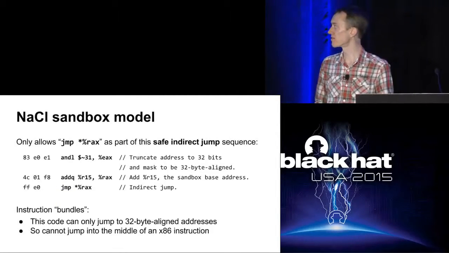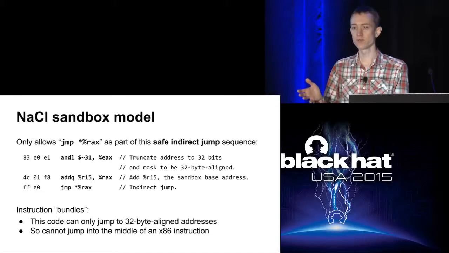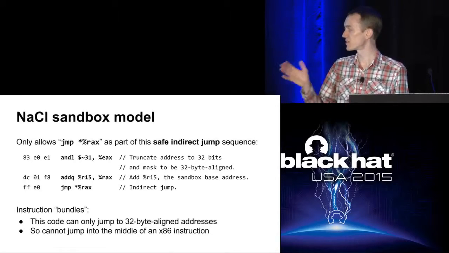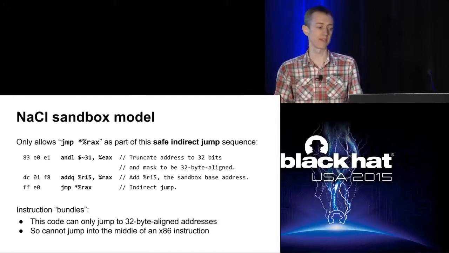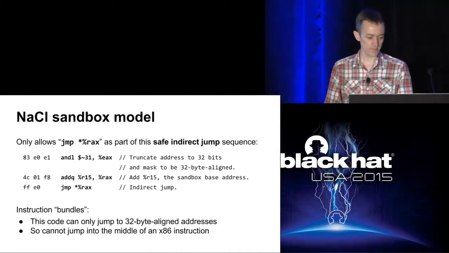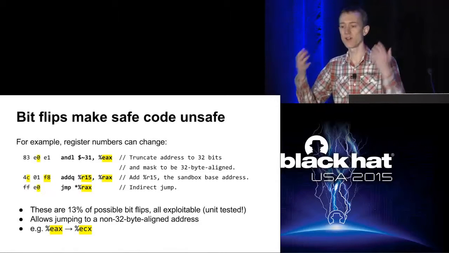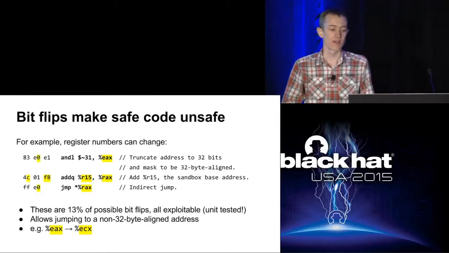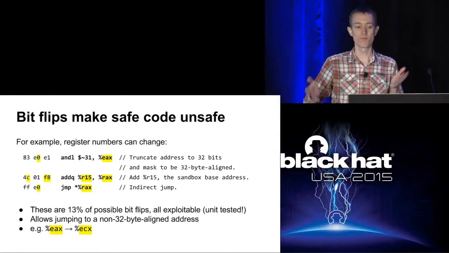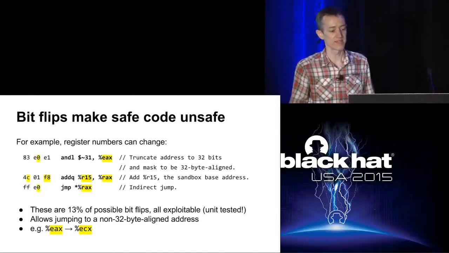So normally NaCl enforces this safety property by saying indirect jumps can only be done via this instruction sequence shown in the slide, which forces the destination to be aligned. But of course, NaCl assumes that after it's loaded and validated this code, it doesn't change. But if we get Rowhammer bit flips inside this code, then it can easily become unsafe.